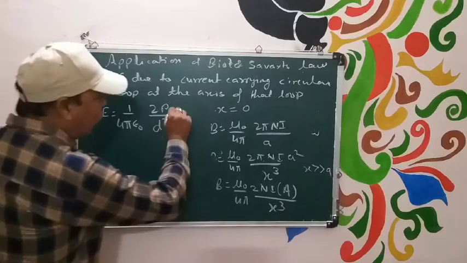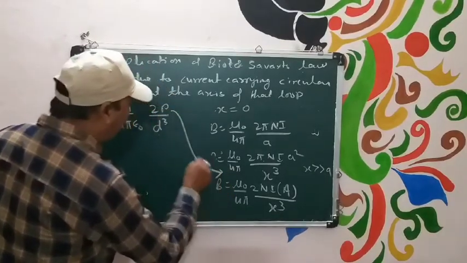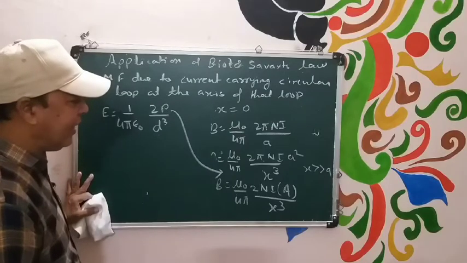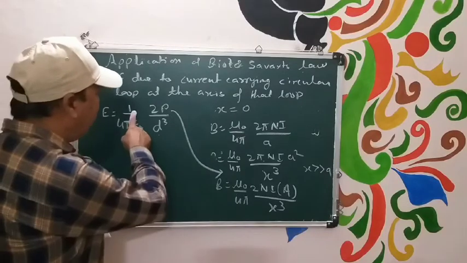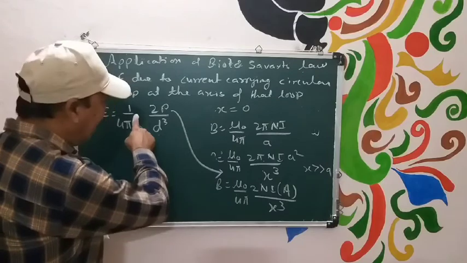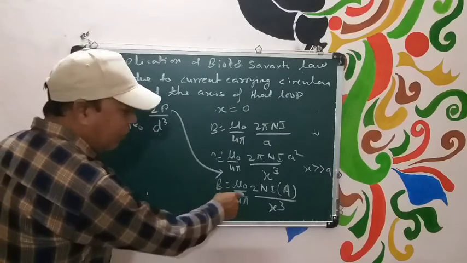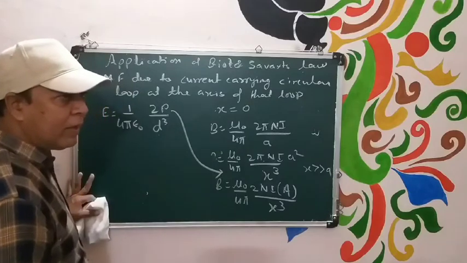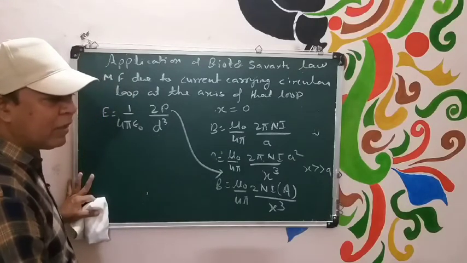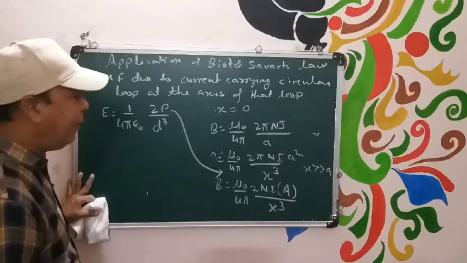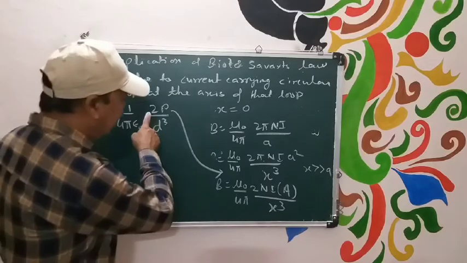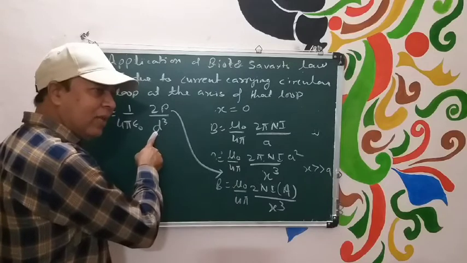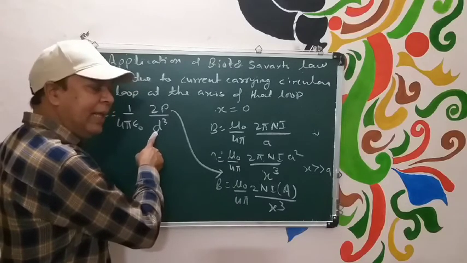Now, if you compare this formula by magnetic field at the axis of current carrying loop, this is 1 upon 4 pi epsilon naught. It is completely replaced in form of mu naught upon 4 pi. Both are having same physical property. Maybe this is for electric field and this is for magnetic field. D is the distance of that point from the center.